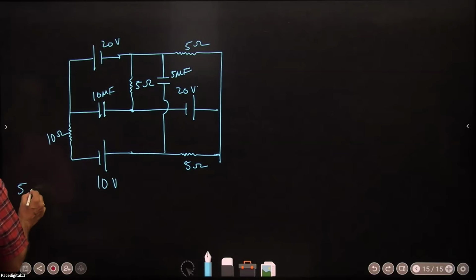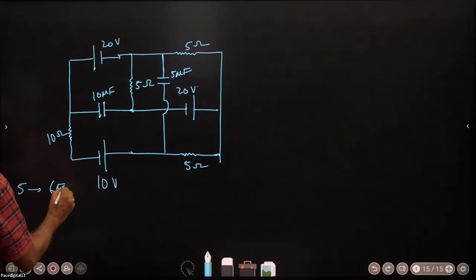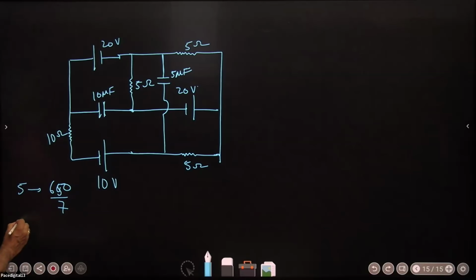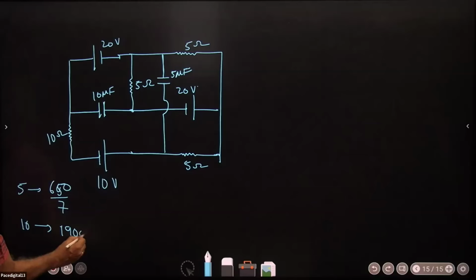For 5 microfarads, it is 650 by 7. For 10 microfarads, it is 1900 by 7.